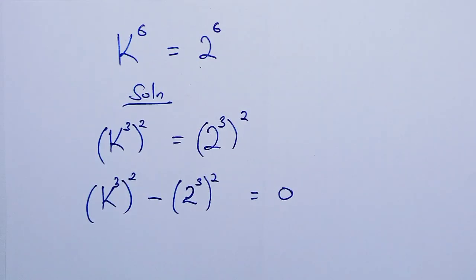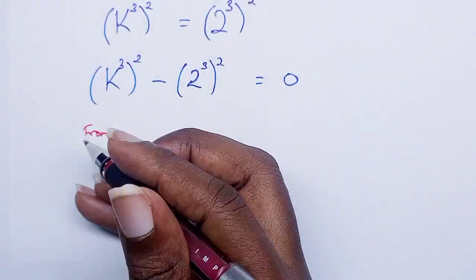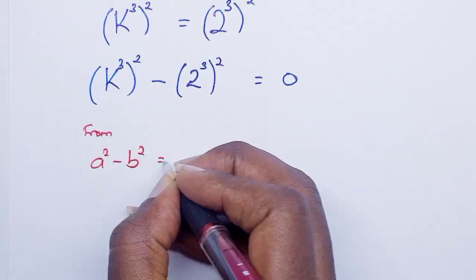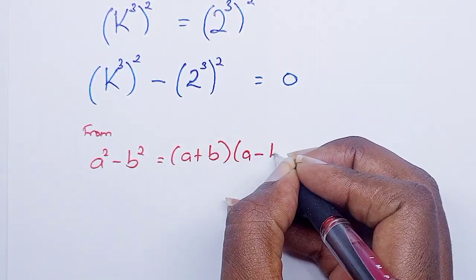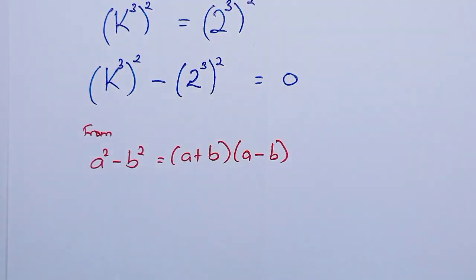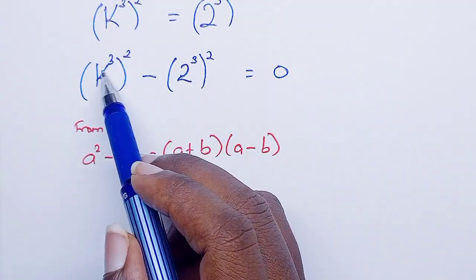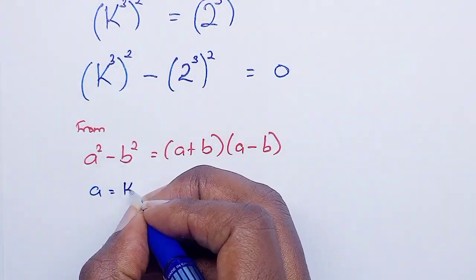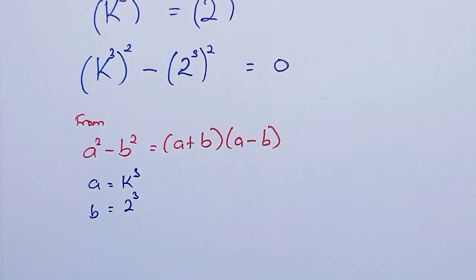Now we know that a squared minus b squared is equal to a plus b into a minus b, right? So this is also a difference of two squares, where a is equal to k power 3 and b is equal to 2 power 3.